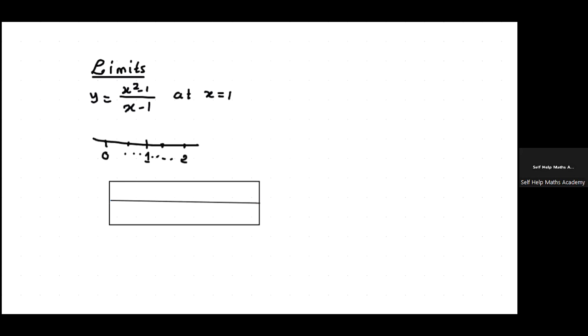If I take here x and let us take y. If x is equal to, say, 0.5, this function will be 0.5 the whole square minus 1 divided by 0.5 minus 1. Now 0.5 the whole square will be 0.25, minus 1, divided by, this is negative 0.5.